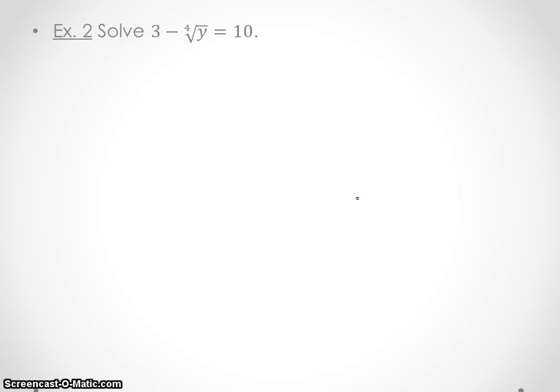Next example, 2. We're going to solve 3 minus the 4th root of y equals 10. So let's go ahead and I'm just going to rewrite this so I can work with this. 3 minus the 4th root of y is equal to 10. Again, just like with square roots, if you're going to get rid of this 4th root, you have to get it isolated by itself on the side. So this 3 minus thing is a problem.